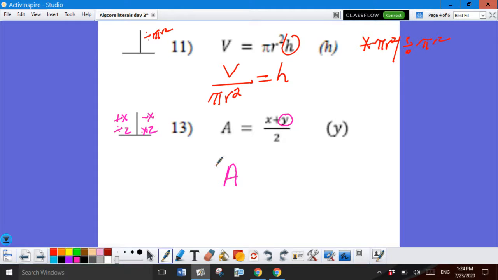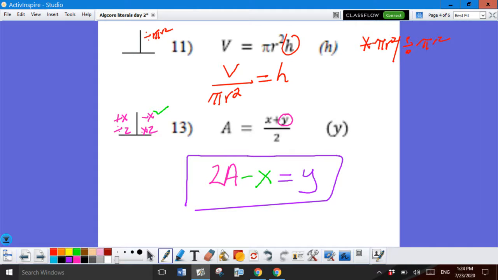To write times 2, the 2 goes in front, and I don't even need a times symbol. That means times 2. The next step is minus x. So minus x. And who did not move? The y. And it is done. All right, so hopefully you're feeling pretty confident about these.